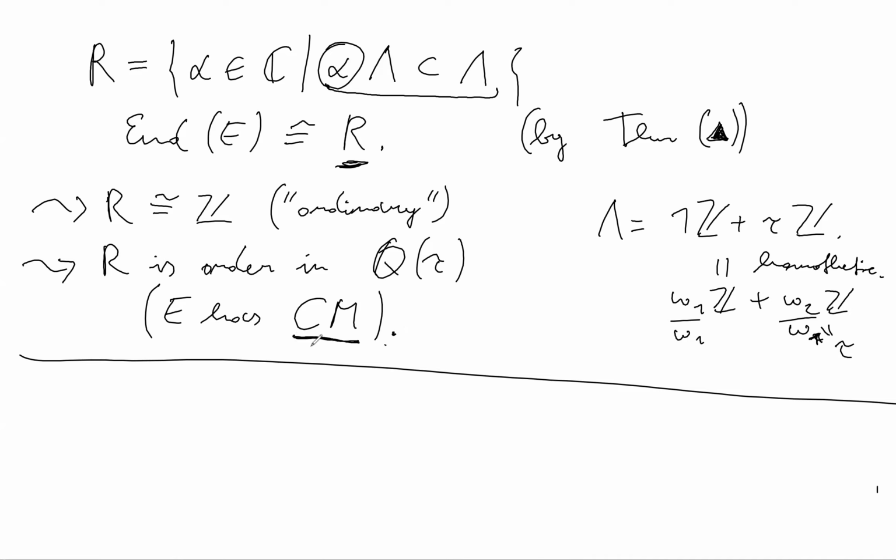Complex multiplication means something entirely different than the words say. It doesn't mean that you can multiply things by complex numbers. It really means that the endomorphism ring is larger than for ordinary curves, right? So the endomorphism ring here really has extra elements that are not just multiplication by n. Okay, I think that's all I wanted to say.